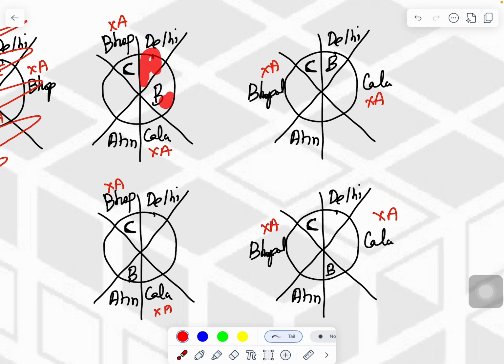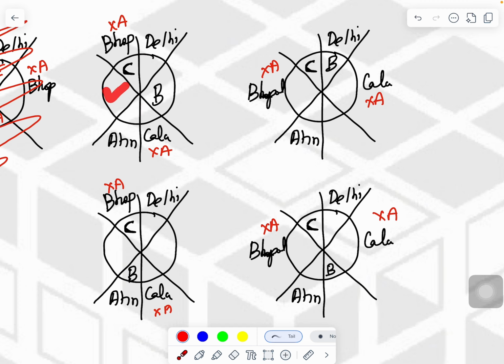A Ahmedabad is not happening, B Bhopal is not happening, C Calcutta is not happening, D Delhi is not happening. So none of the cases are possible. Therefore, A coming here is not at all an acceptable case.